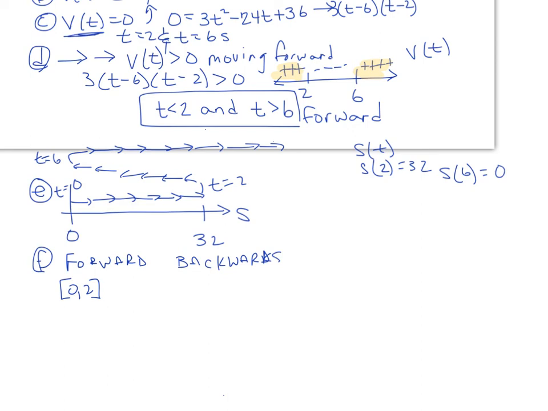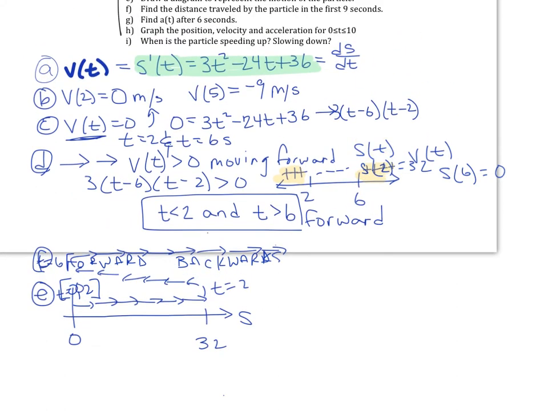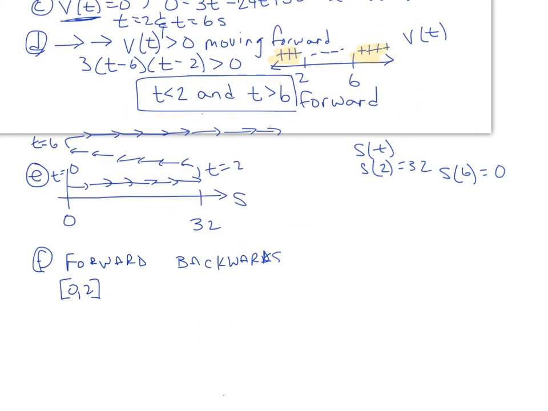And it says for the first 9 seconds. So let's look at the problem again. Notice in the problem, it said the first 9 seconds. So I'm only going out to 9. So then from 6 to 9, I'm also moving in that forward direction. Okay, backwards, I'm only moving backwards from 2 to 6. Now, it doesn't matter if you close these or open these on the intervals right now.